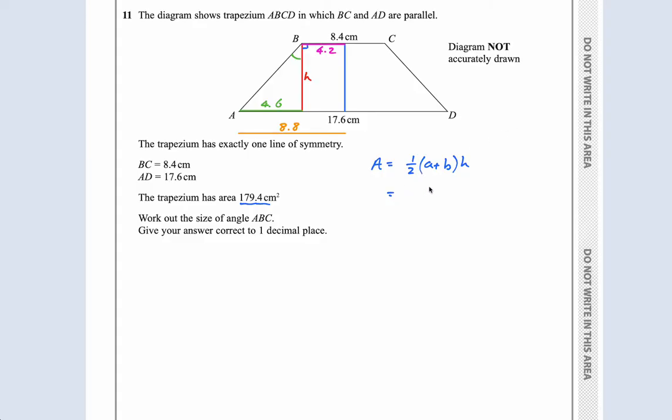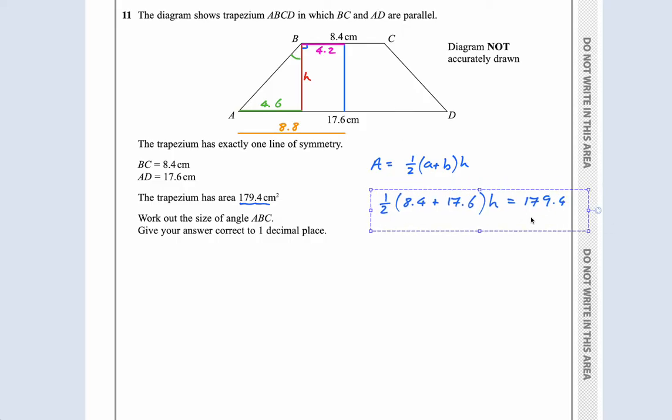So a half, A and B are the two parallel sides. So A is 8.4 and B is 17.6. And the H is what I don't know. So this has to equal 179.4. Let me bring all of this over here.